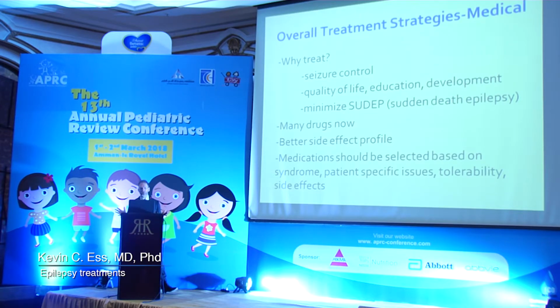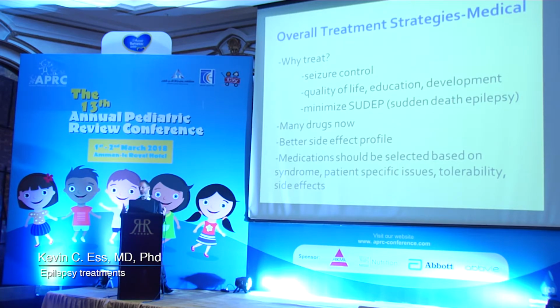There are many different drugs now, but of course, first principles, you pick the drug based on the patient's needs medically, but you also have to take into consideration, as do we, how are they going to get it? Can they take it in a liquid form, a pill form? Can they afford it? Some drugs are just crazy expensive in the United States now, even though they're generic. What are the side effects?